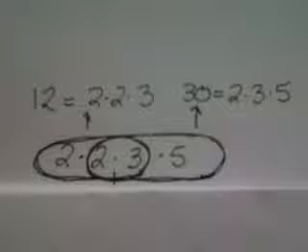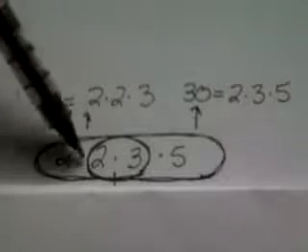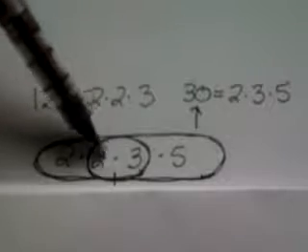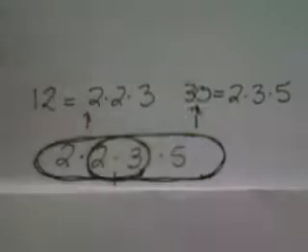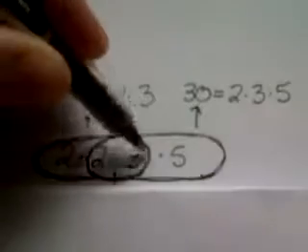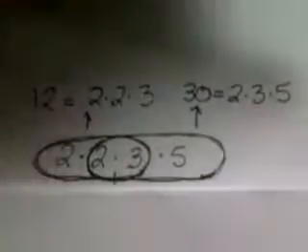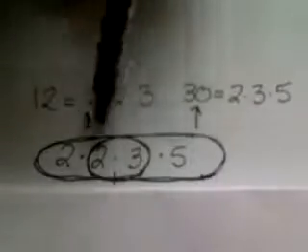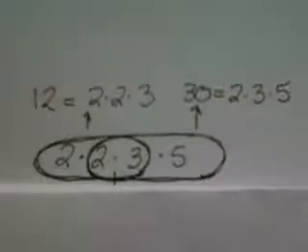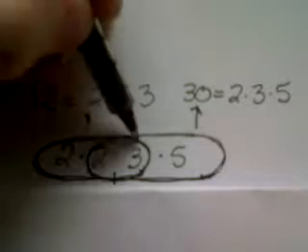Another way to look at this is to look at a visual picture. The prime factors of 12 are 2 times 2 times 3, and the prime factors of 30 are 2 times 3 times 5. I'm going to list all those prime factors, making sure I have them for both. So there's 2 times 2 times 3, and here's 2 times 3 times 5. Here I circled the prime factors of 12, and here I circled the prime factors of 30. What I notice is they overlap right here.